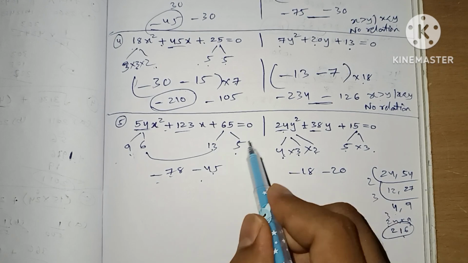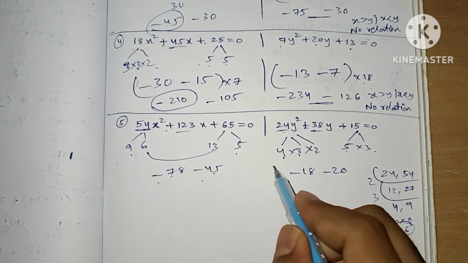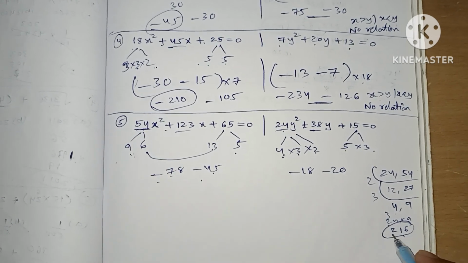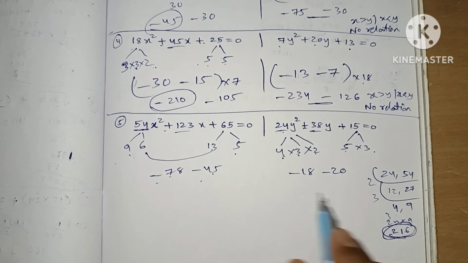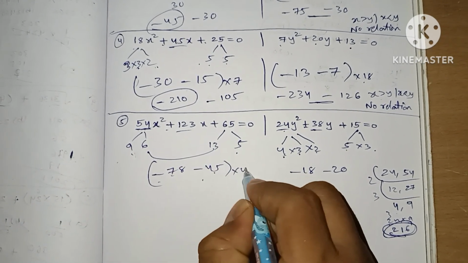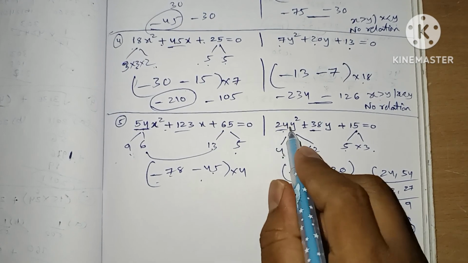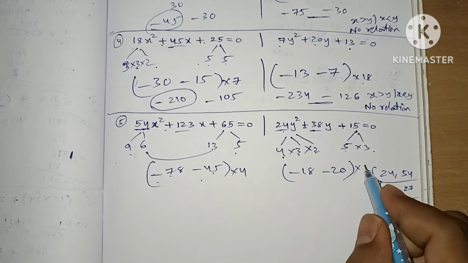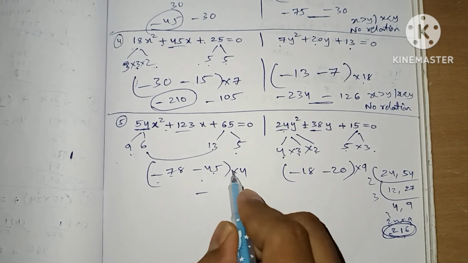So 54 becomes 216 when we multiply 54 by 4. Here 24 into 9 times is 216. So first we do this one.